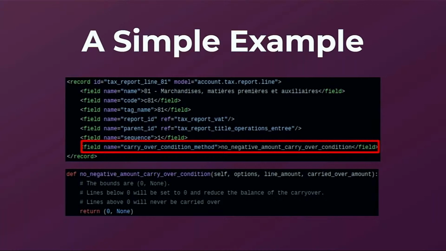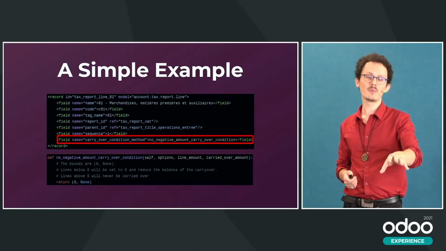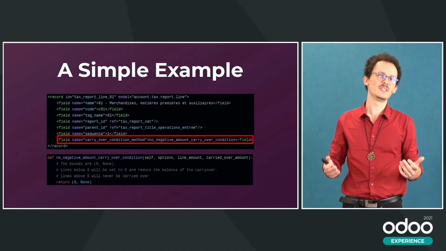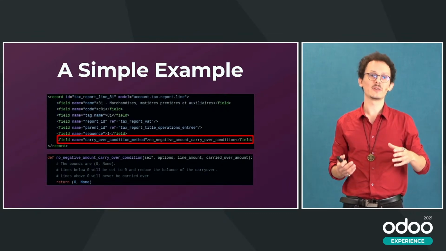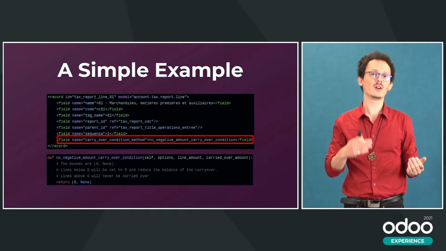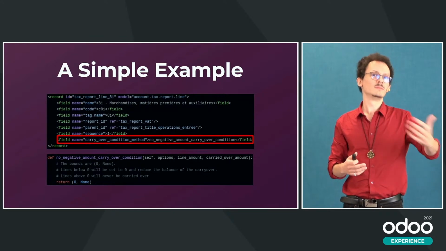How do we implement that? We add a new field for that called carryover condition method. This is a function that is going to be called by the carryover code, and is essentially returning bounds for the carryover. It's returning a tuple with two elements, here 0 and None in our example, that are the lower and upper bound for the carryover. If I am under the lower bound or above the upper bound, I'm doing the carryover.